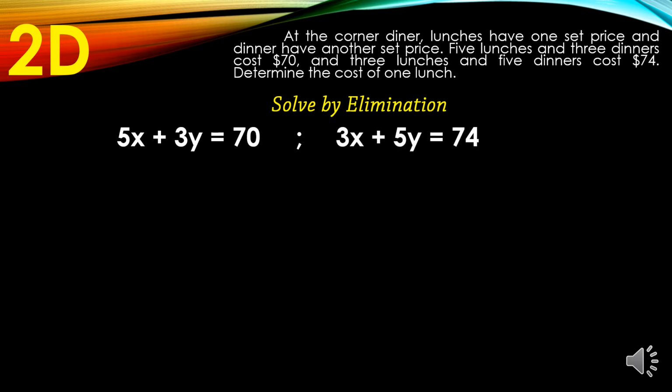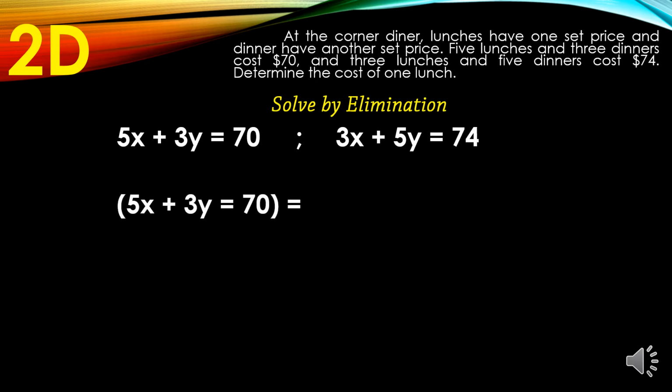Then we have another, 3x plus 5y equals 74, because three lunches and five dinners equal 74. Again, we are representing them with variables, wherein x and y represent the cost of lunch and the cost of dinner.